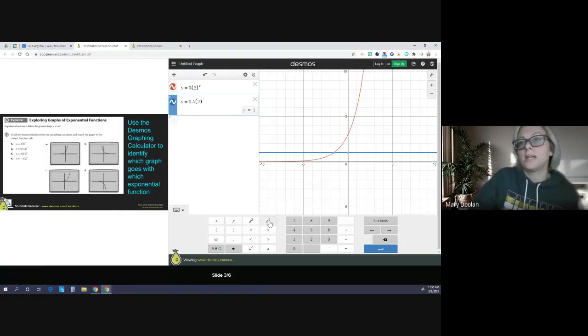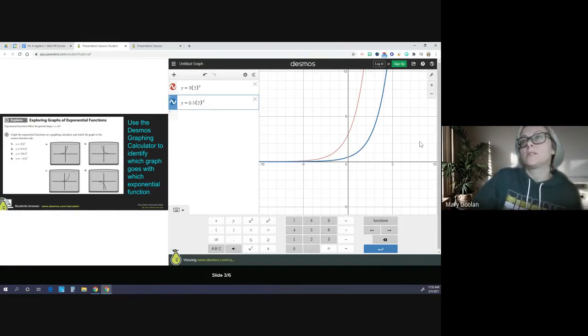Hit that button again, a to the b power, x. Look at that. So these are different. One is more to the right than the other one. One's more to the left. They're crossing the y-axis at different points. If you're looking at your pictures here, you can figure out which one is which. So we're going to type all of these in.